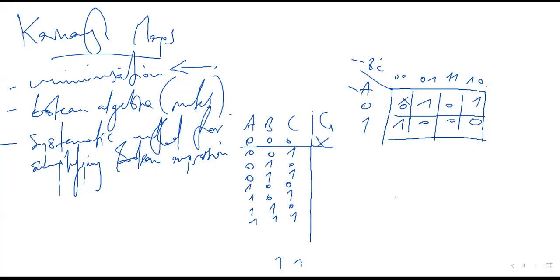Each square represents a min term. So my min terms, I think we now know how we can identify those min terms. For the min term 0, 0, 0, this is min term M0.